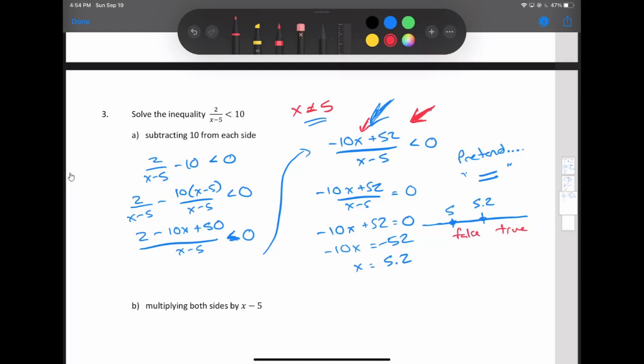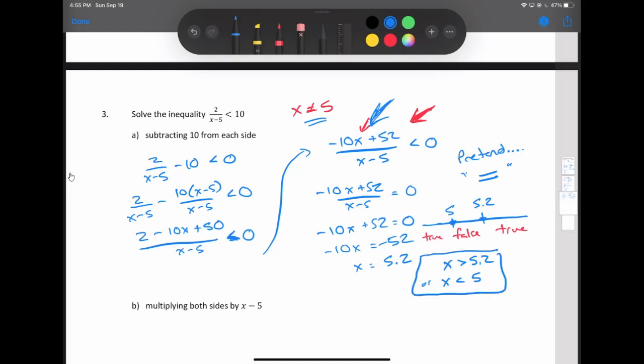And then the easiest number I can pick for the region below 5 is 0. That just gives me 52 over negative 5, which is negative. So that's going to make it less than 0. That's true. And so our conclusion is that x is greater than 5.2 or x is less than 5.